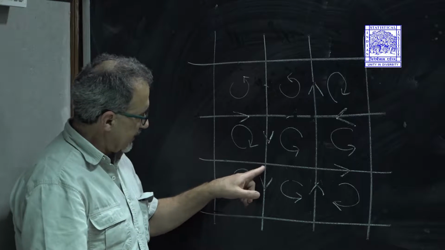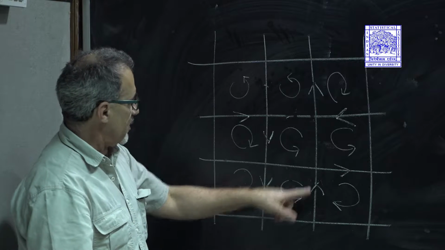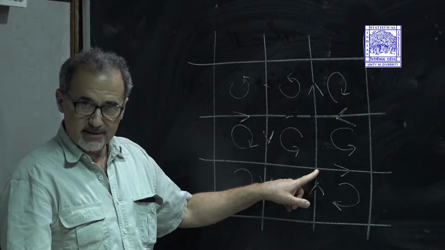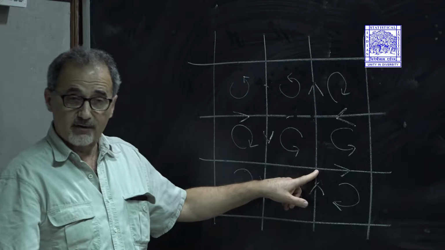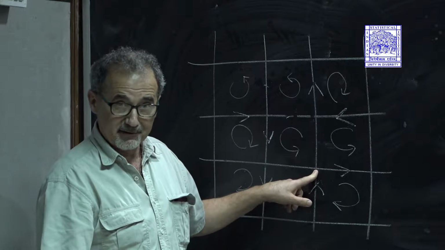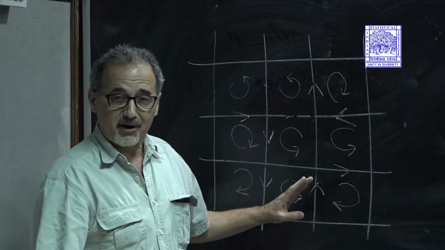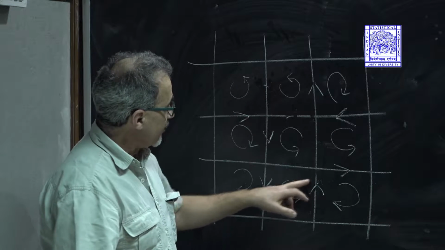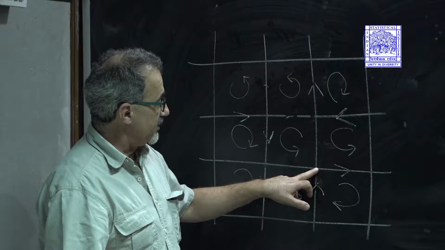What you can see is that at each single corner, the number of arrows coming in and arrows going out is the same. Now you are a driver in this city, arriving from, this is not Kolkata, arriving from Calcutta, you drive, and whenever you arrive at a corner, you have to make a decision.